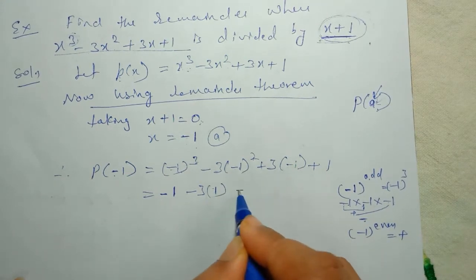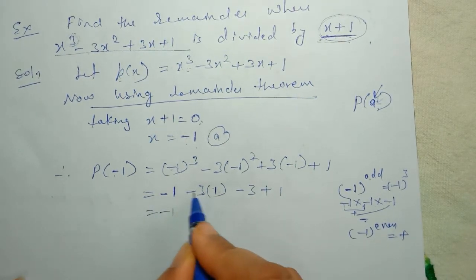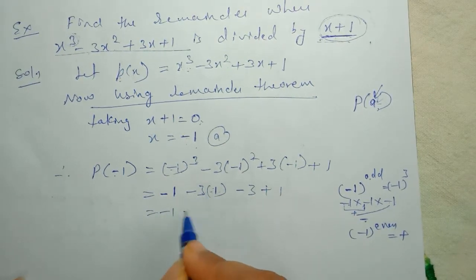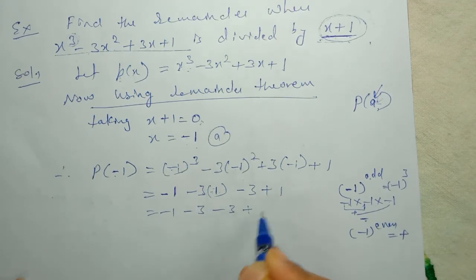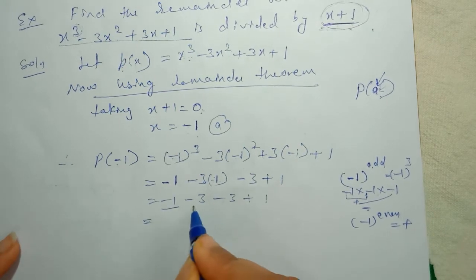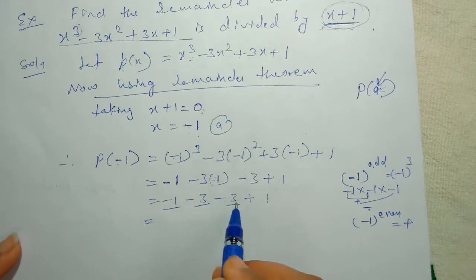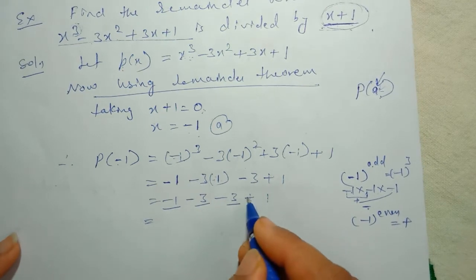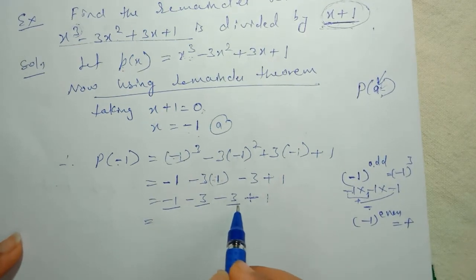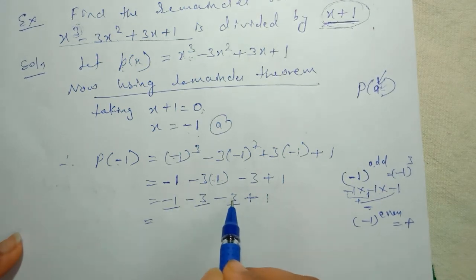So we have -1 minus 3 minus 3 plus 1. How are we going to solve this? Select the same sign integers. Three of them are in negative sign, and only one is in positive sign. We select the same sign numbers, and we know that same signs are added.